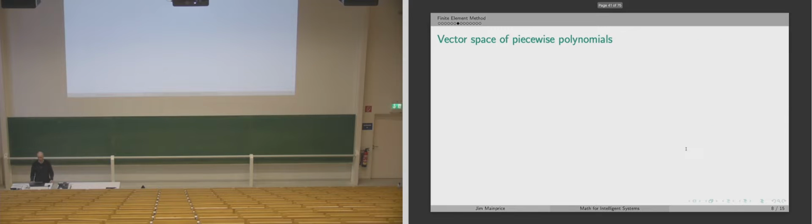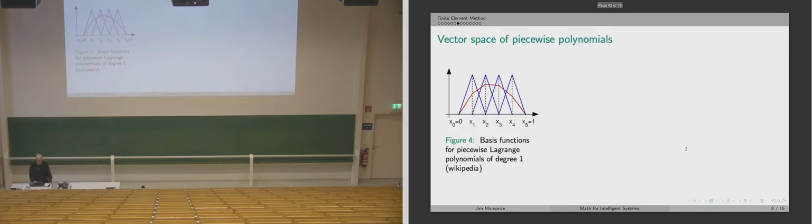One solution to that problem is to use piecewise polynomials. Instead of interpolating the function globally, we compute small local polynomials and then linearly combine them. What we see here, these blue hat functions, are the degree 1 Lagrange polynomials.